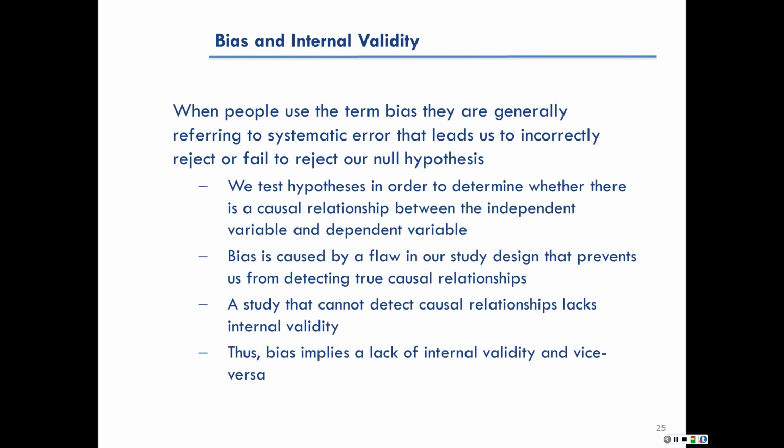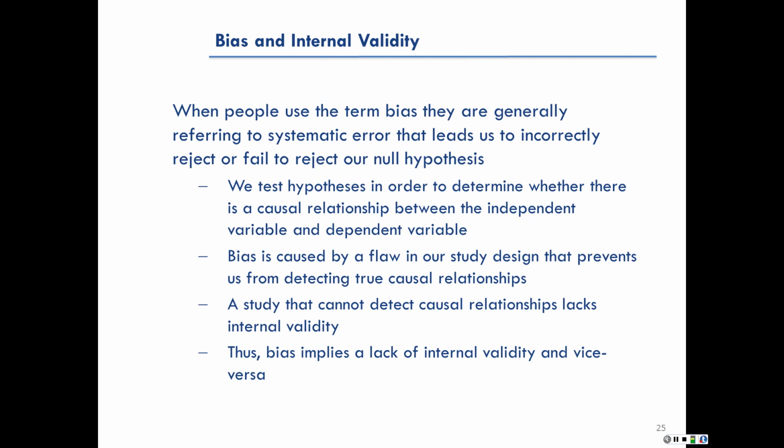Okay, so bias is very much related to internal validity. Typically when people use the term bias in research, they're generally referring to a systematic error that leads us to incorrectly reject or fail to reject our null hypothesis. The whole reason we test hypotheses is to determine whether there's a causal relationship between the independent variable and the dependent variable.